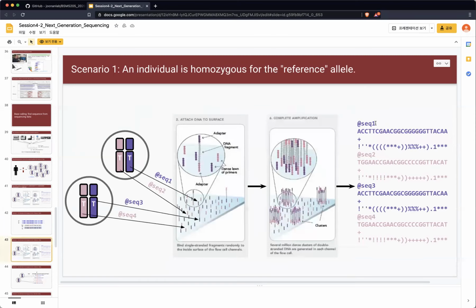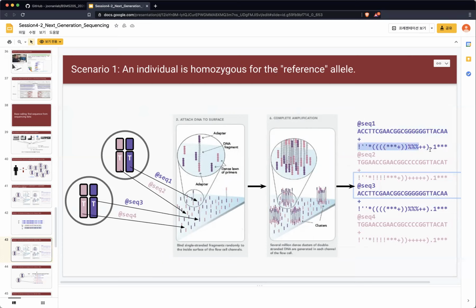The FASTA format looks like this, with four lines of information: 1, 2, 3, and 4. This is the ID, this is the ID, and this is the sequence, right?